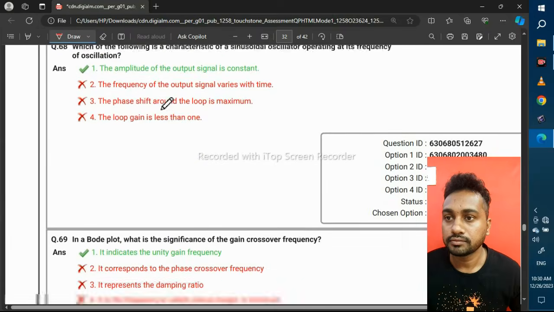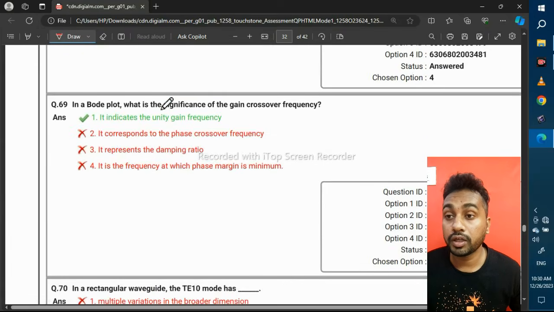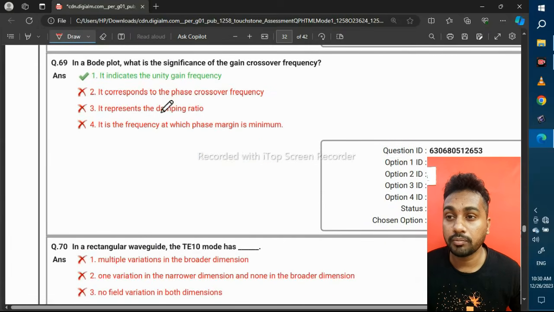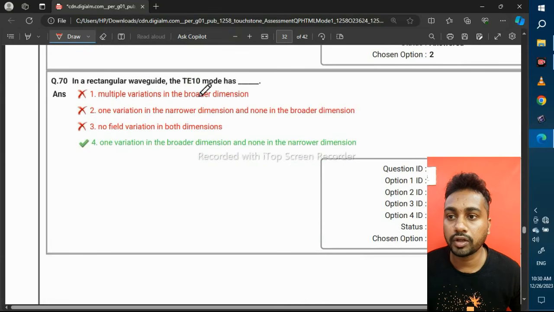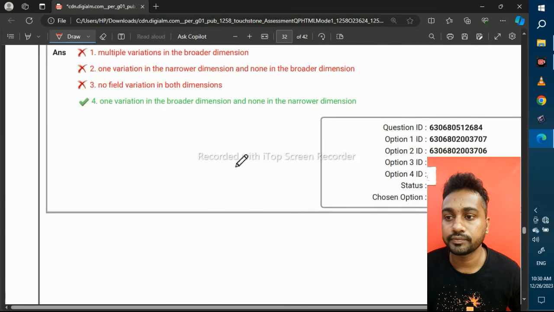This is right. In a Bode plot, what is the significance of the gain crossover frequency? It indicates the unity gain frequency. This is also right. In a rectangular waveguide, the TE10 mode has one variation along the broader dimension and none in the narrow dimension. This is also right.